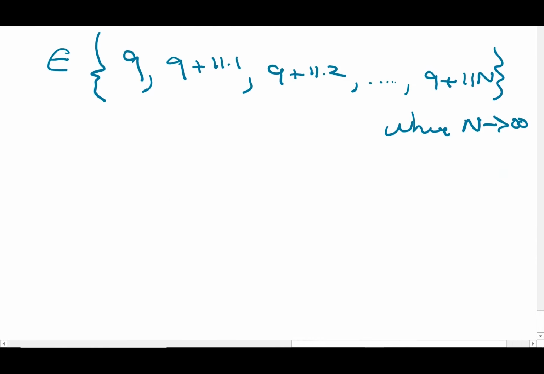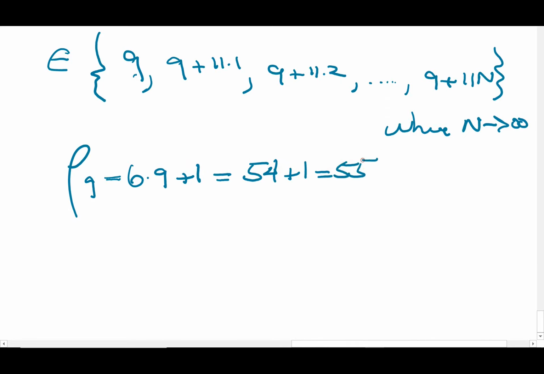So right here, now we know that P9, where x is 9, is 6 times 9 plus 1, which is 54 plus 1, is 55. And we know 55 divided by 11 equals 5.